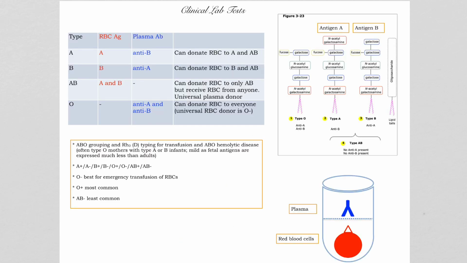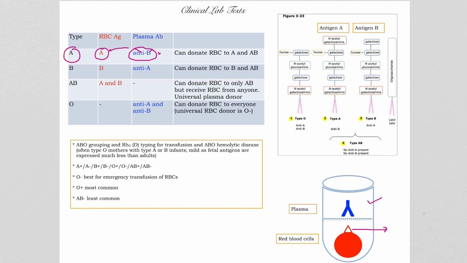So just to summarize, a person with type A will have antigen A on their red blood cells. Their plasma will contain the antibody against antigen B, not A, because if they had the antibody against A, it would react with their own antigen and destroy their red blood cells.